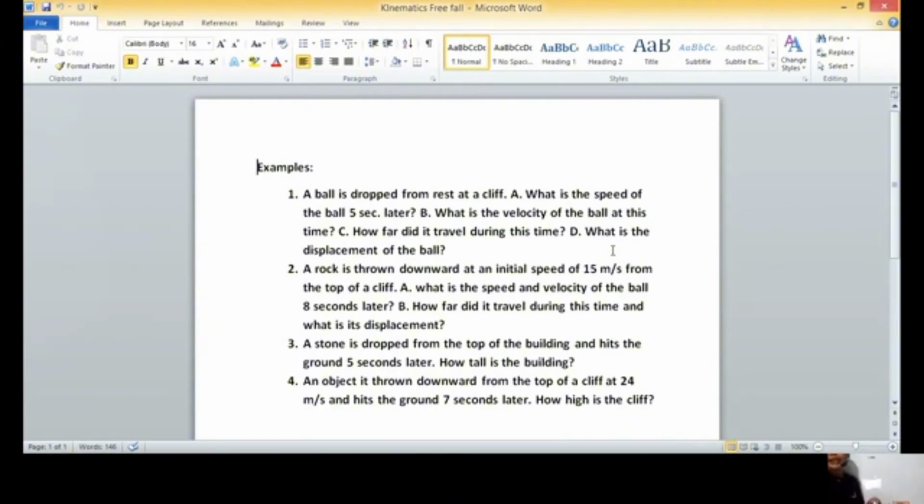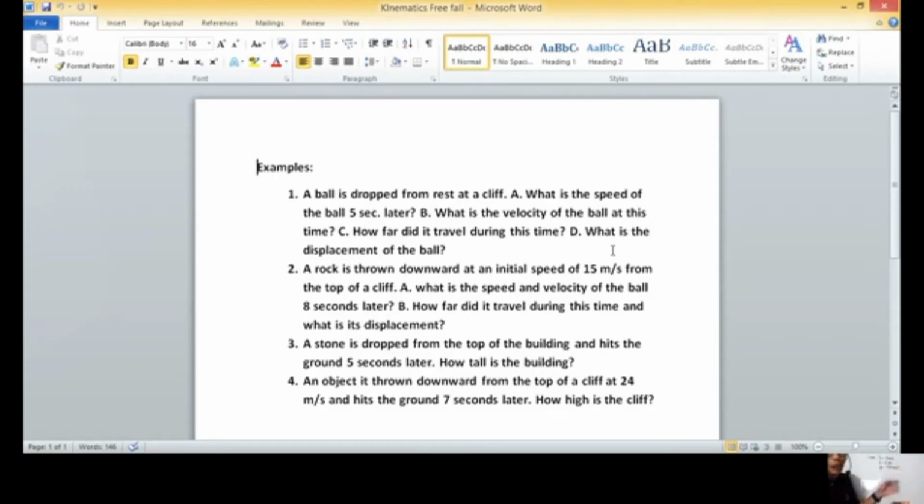I'll just write the given. You're only given time. Your initial velocity is equal to 0, your time is 5 seconds, and of course G is negative 9.81 meters per second squared.